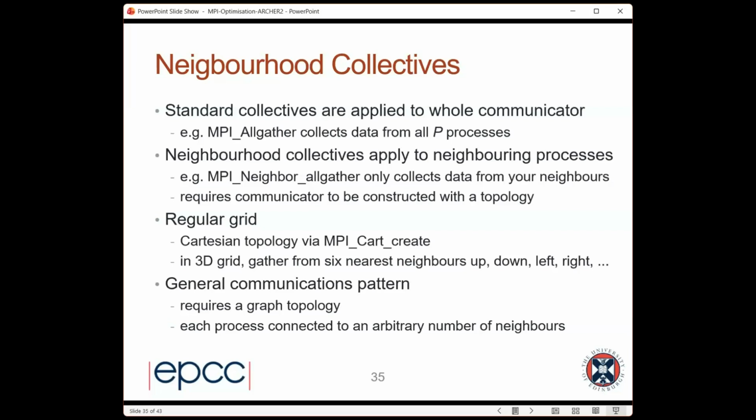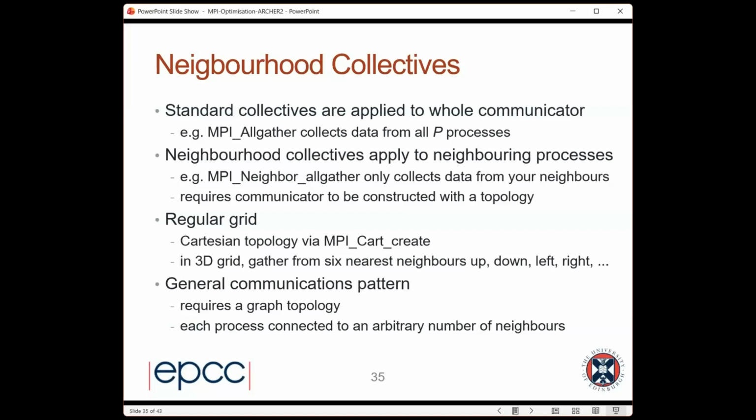Neighborhood collectives only apply to your neighbors, and that requires you to define a Cartesian topology or a graph topology, but it's simpler to think about Cartesian topology. A neighborhood collective doesn't imply communication between every process in the whole communicator. It implies communication with your neighbors: in 2D it's 4 nearest neighbors, in 3D it's 6 nearest neighbors.